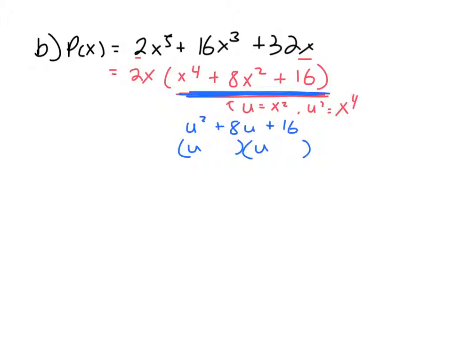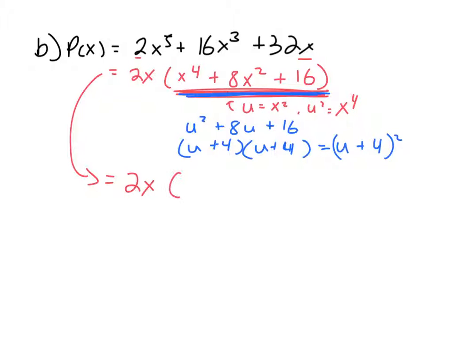So what times what is 16 and adds up to 8? Plus 4 and plus 4, or in other words, u plus 4 squared. Okay, so if I plug back in x, going from here to here, I'd have 2x, and then u is x squared, plus 4 squared.